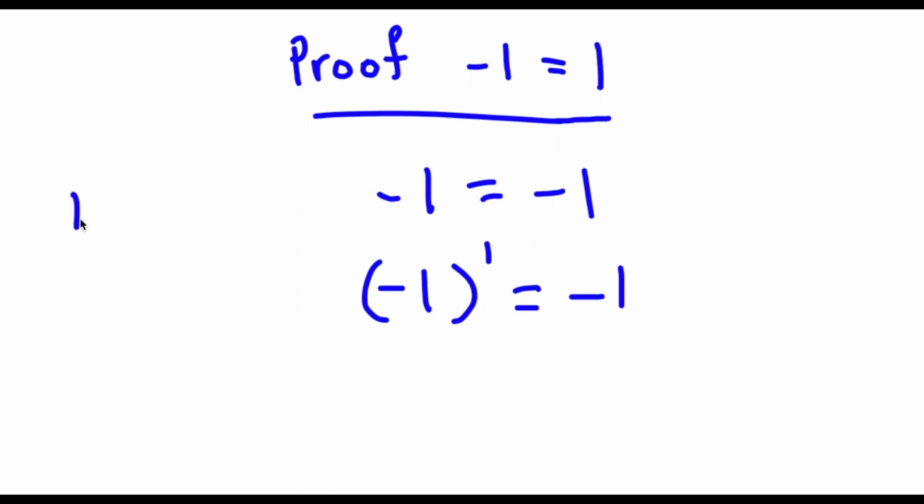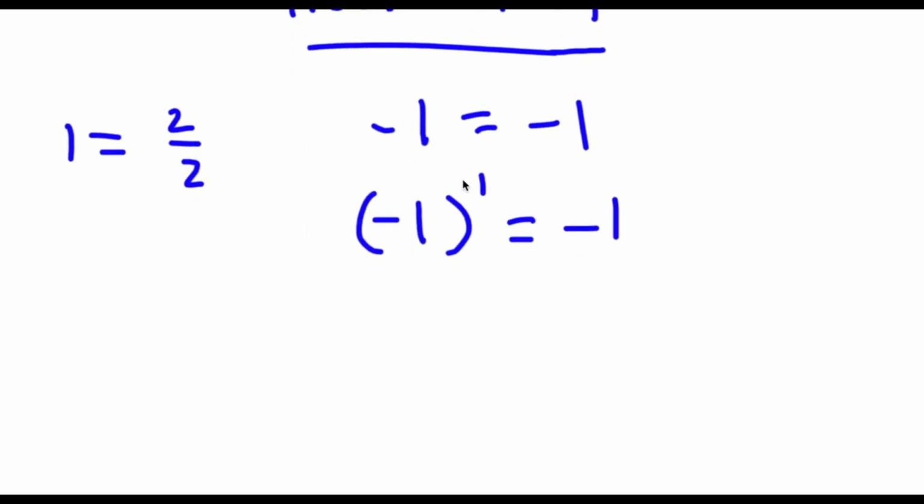And 1 is the same thing as 2 over 2. So if I replace 1 with 2 over 2, I get negative 1 to the power of 2 over 2 is equal to negative 1.